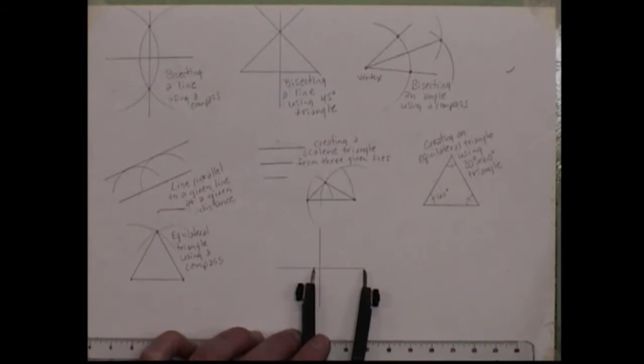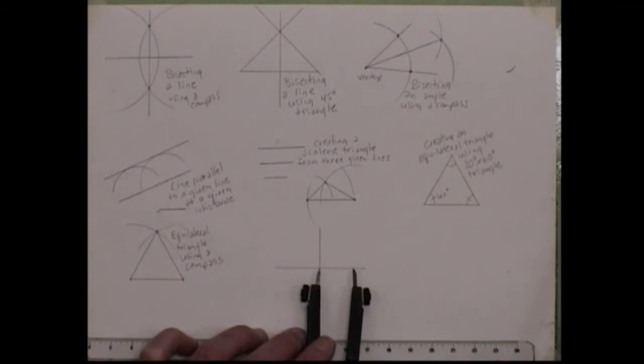Remember, the compass is set at a radius, so when your needle point is at the middle, make sure it's not going to go past the other side. This might be a better indicator if you do it like this instead of putting it in the middle. So you want it just inside your center marks.